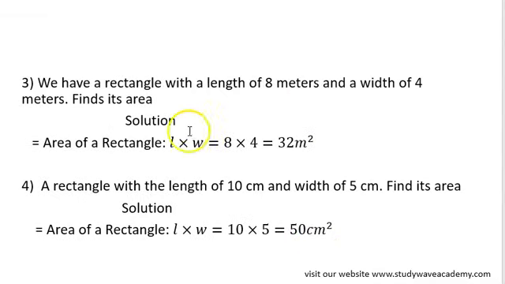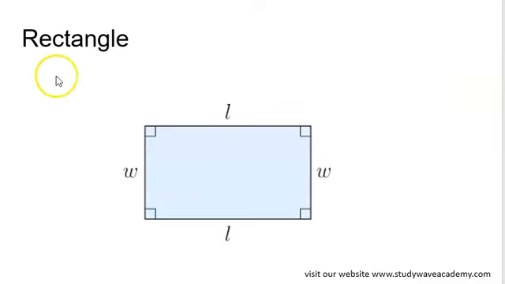We have a rectangle with a length of 8 meters and a width of 4 meters. Find its area. So we have to find the area of a rectangle which the length is 8 meters and the width is 4 meters. The length is 8 meters here and the width is 4 meters. We are to find the area. So what do we have?